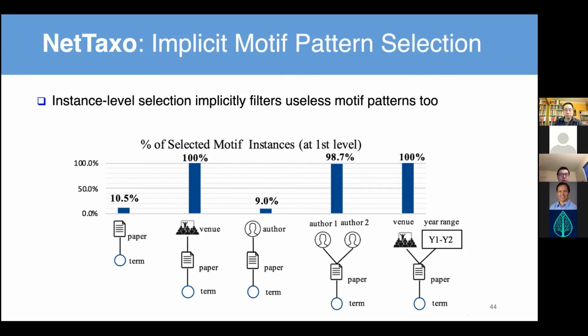But if you pair me with one of my collaborators or one of my students, or maybe my advisor, then you can easily tell what is the research topic for that particular paper or term. So that's why author pair is significantly more useful than author. And we put these motif patterns here just to demonstrate that we can select the patterns as well.